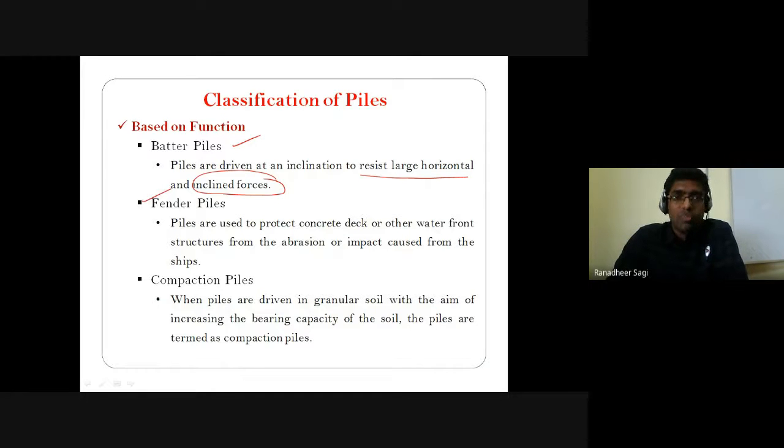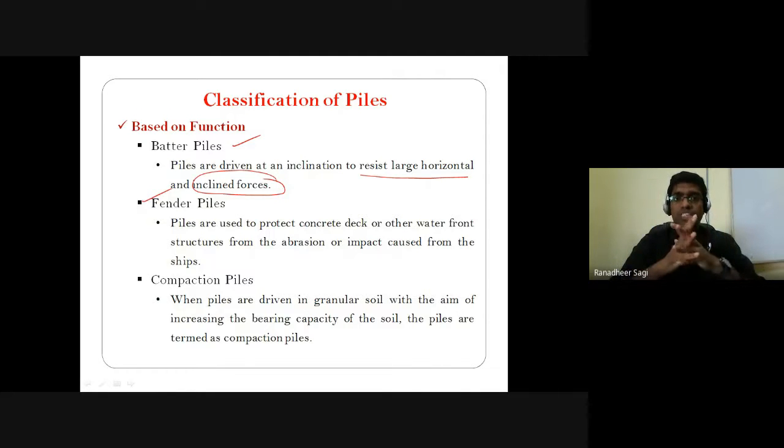Another type of pile is the Fender pile, where these piles are used to protect the concrete deck, the concrete slab you are going to be constructing, or any other waterfront structures from the abrasion or impact caused by ships. Whenever your ships are moving towards your shipyards, there will be an impact force generated from the waterfront, water wave movement on the concrete deck or the concrete structure existing there.